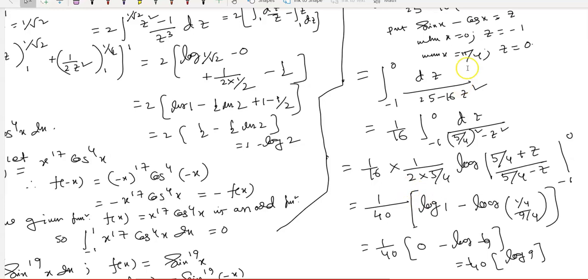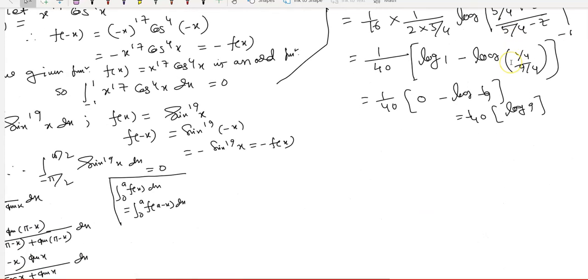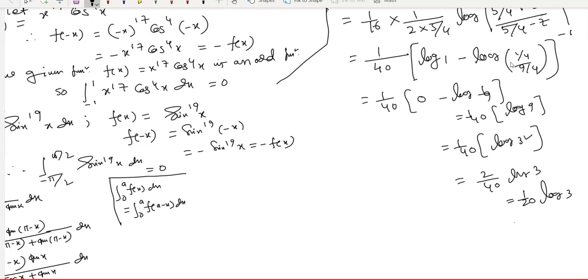Log 9 you can write as log 3 square. 2 will come outside. 2 by 40 log 3. But in some books they have kept the answer in this manner only.